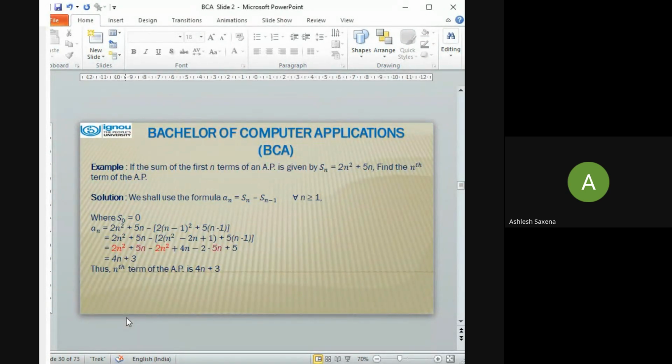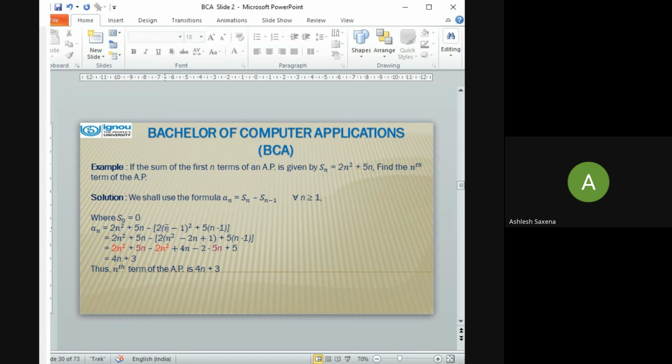Then what will we be doing? We have Sn, and we have to replace n by n minus 1 in this formula. So Sn will remain as it is, minus 2 times n minus 1 whole square plus 5 times n minus 1. Open it up.